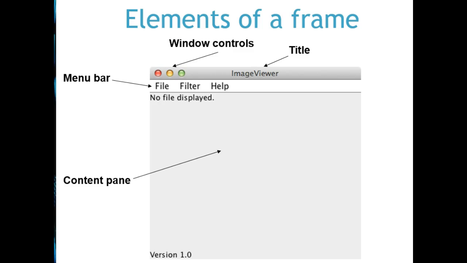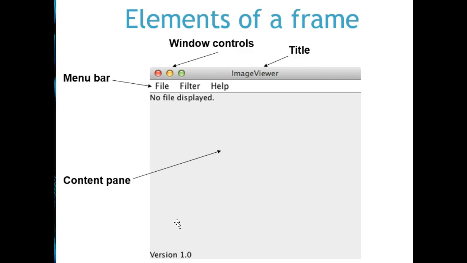So in here we see the elements of a frame. Basically a frame consists of three main parts: the title bar, as you can see over there, an optional menu bar, and also a content pane. Basically the appearance of the title bar depends on the underlying operating system.